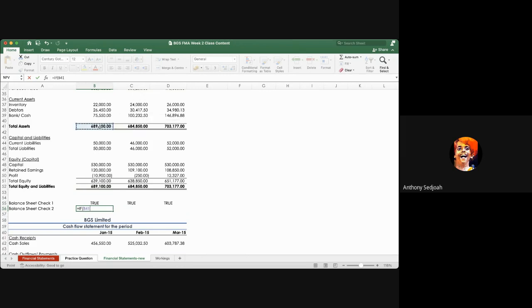So if this, which is the total assets, is equal to total equities and liabilities, value if true: if it is true, let me show yes. If it's not true, let me show no. If I want to, I'll show true or false, like I'm showing over here.